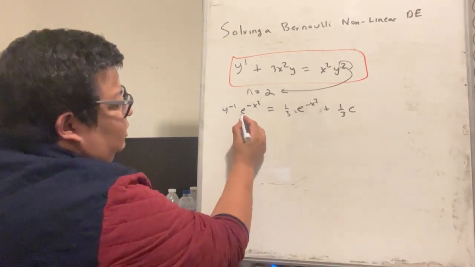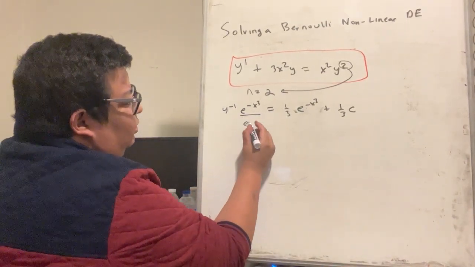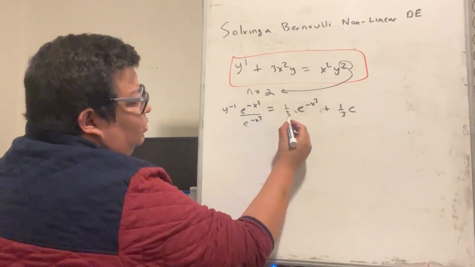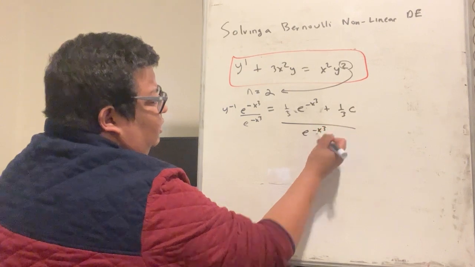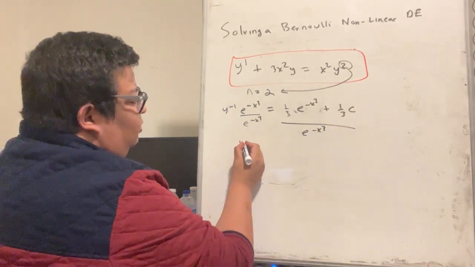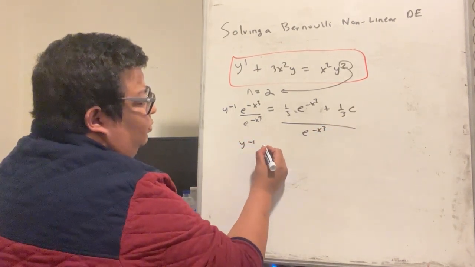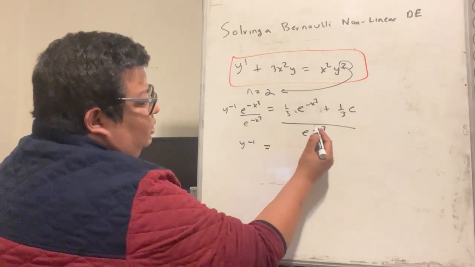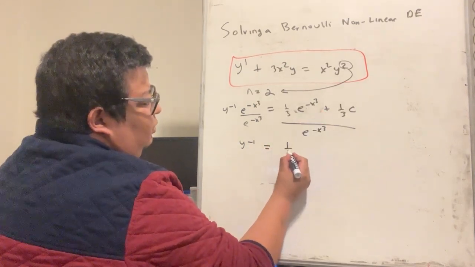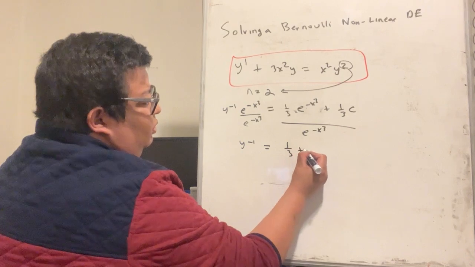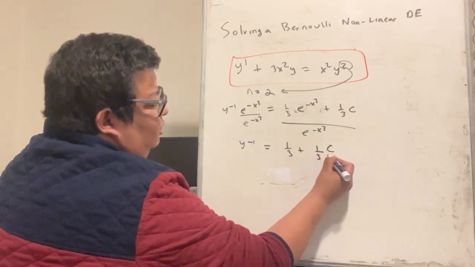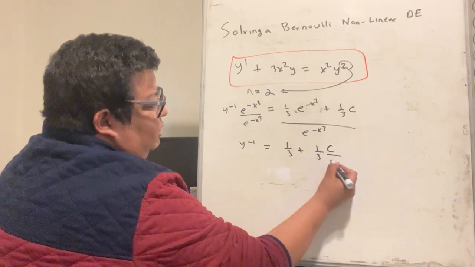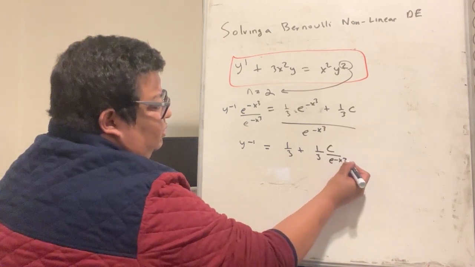Now let's get rid of this here. We divide both sides by e to the minus x cubed. So we're left with y to the minus 1 equal to 1 over 3, plus 1 over 3 c over e to the minus x cubed.